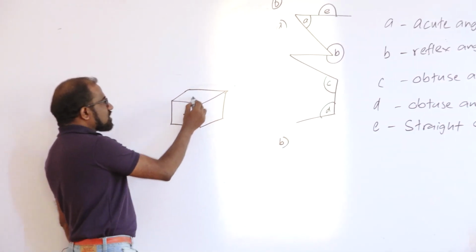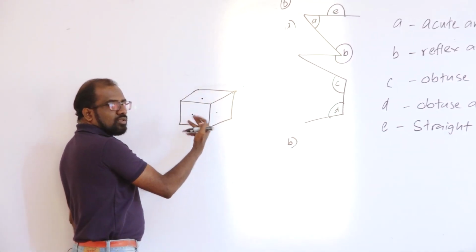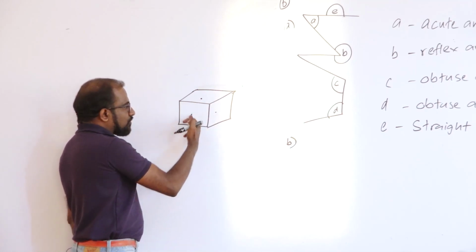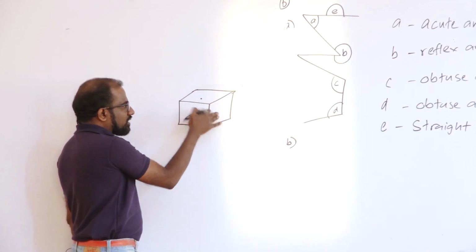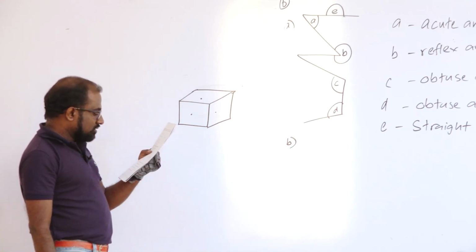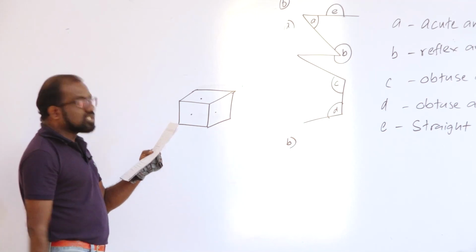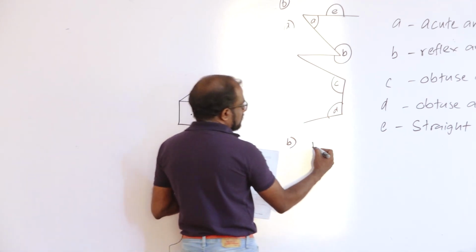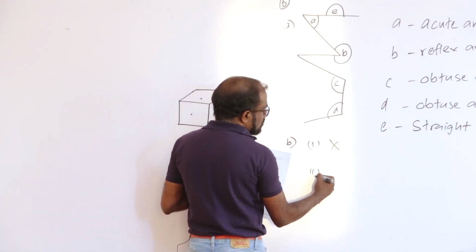Here we have 3 faces, and 3 more faces are there: front and back, up and down, right and left. Total 6. They say there are 4 square faces in a cube, so that is wrong. A cube has 6 square shaped faces.